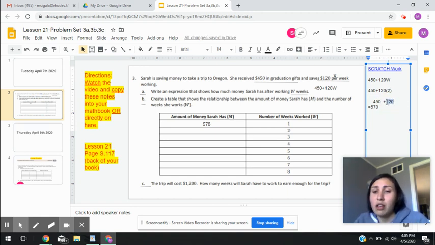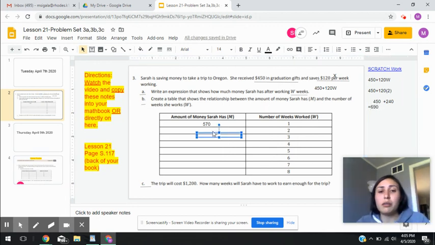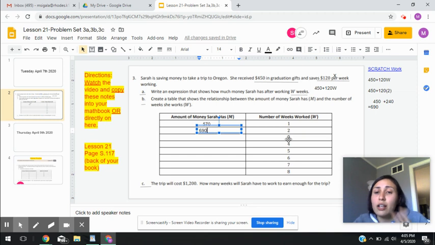So now I have to figure out what's 120 times 2, 240. And now I have to add those two, 450 plus 240 is 690. So I'm going to go over here into my table. There should be a text box, $690. Great. Moving on.